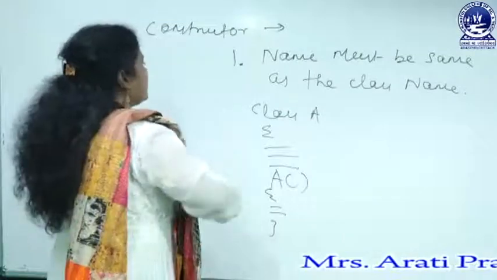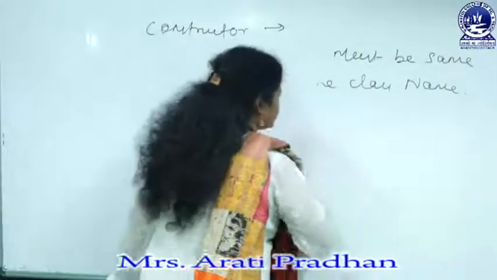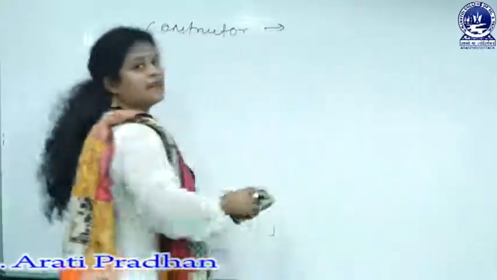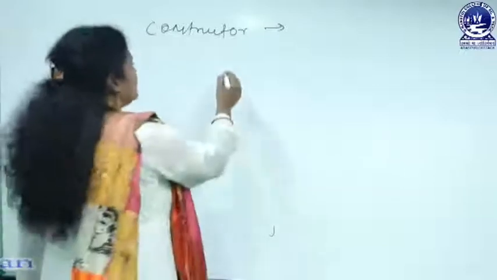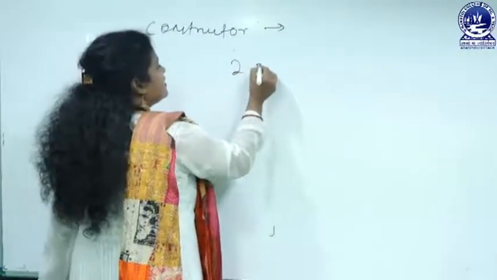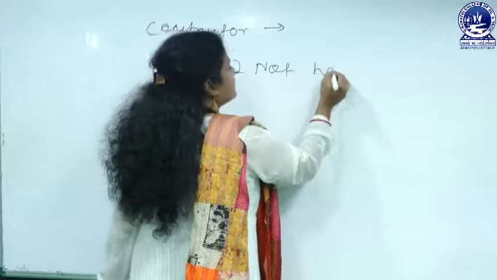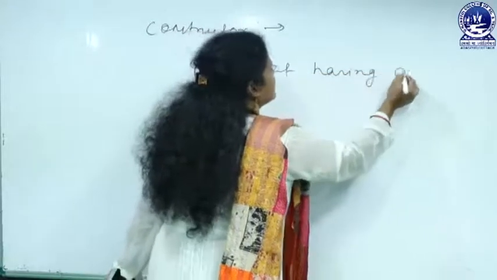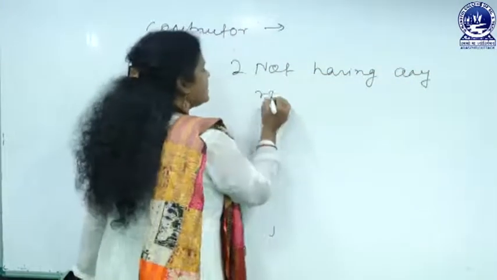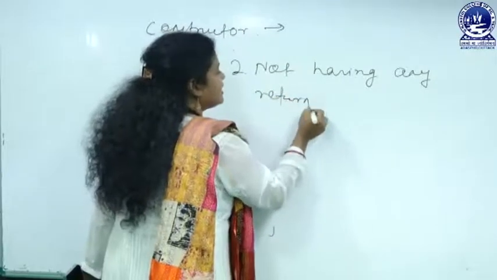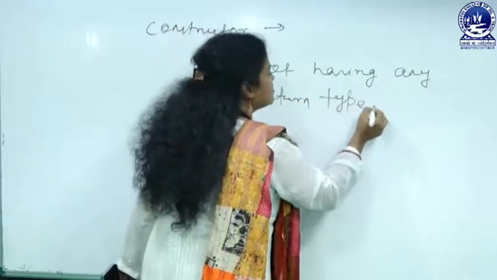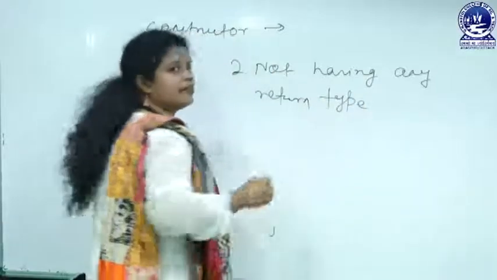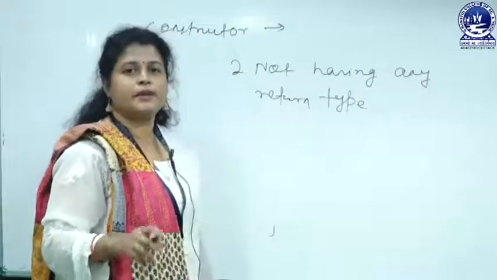Second rule is that it is not having any return type. Whenever you are writing a function, at that time the function must return something. If the function is not returning anything, then that will be specified by void.